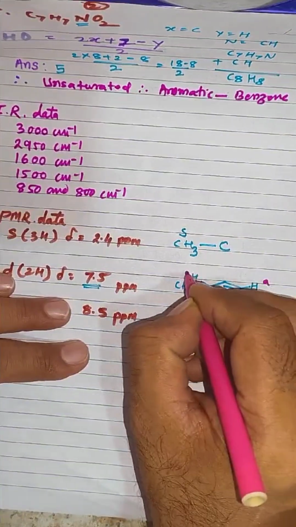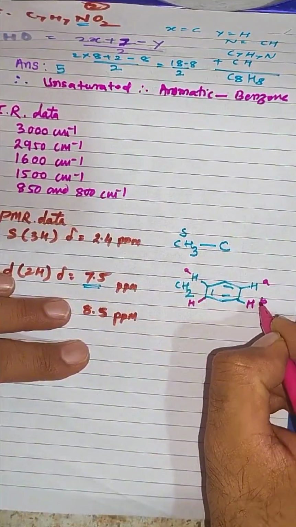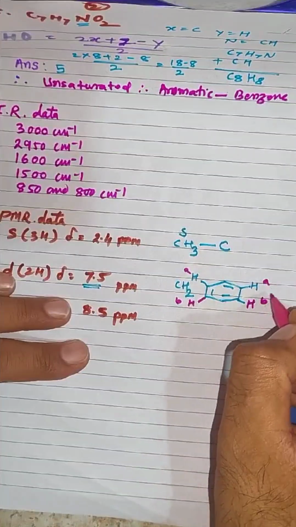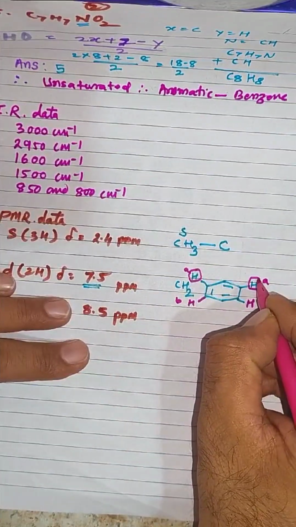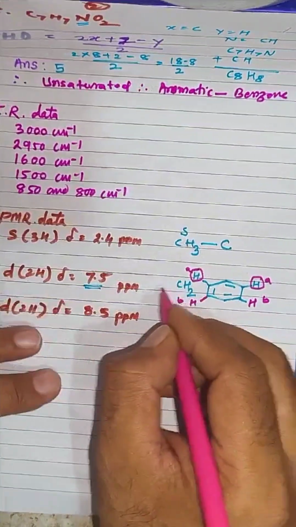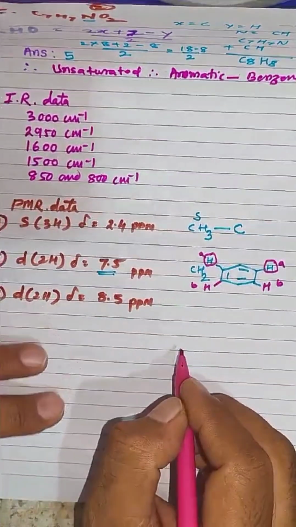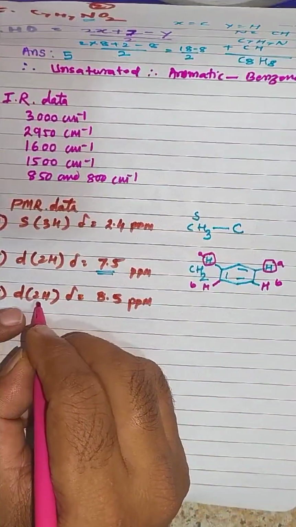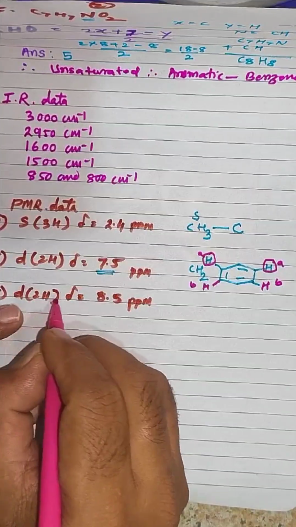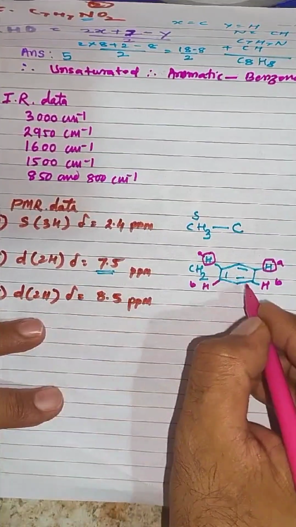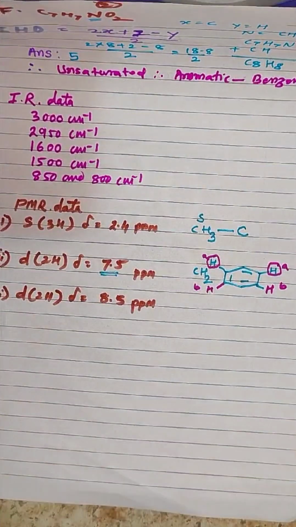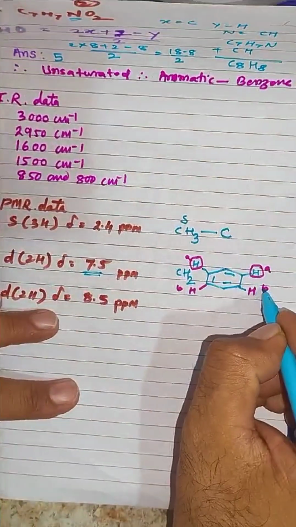This is A, this is A, this is proton B, this is proton B. They are identical, so these two protons show a doublet at 7.5. The third signal is a doublet of 2 hydrogen atoms at 8.5, which again means aromatic protons.